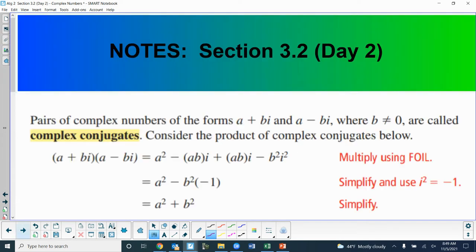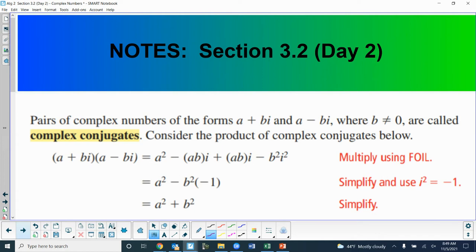Okay, today, pairs of complex numbers of the forms, pay attention to this, a plus bi and a minus bi. All right? We call those complex conjugates. When you multiply complex conjugates, the i's get canceled out.